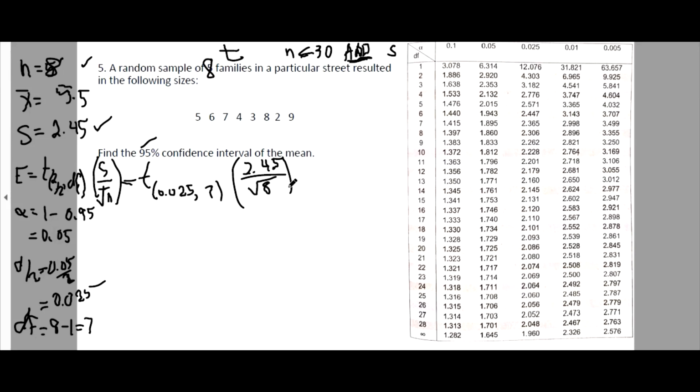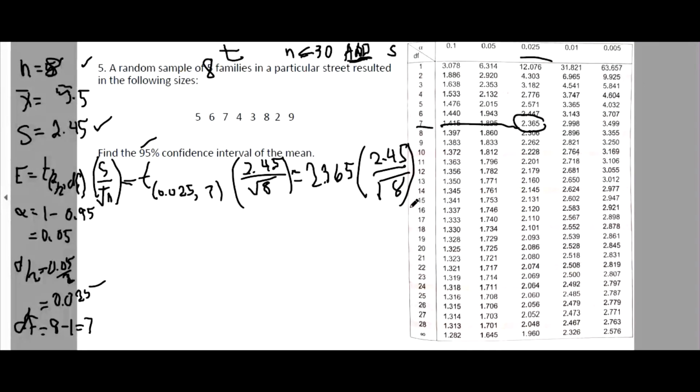So this is further equal to, with 0.025 here and the degrees of freedom 7, our t value here is 2.365, and then you just copy the 2.45 and the square root of 8.